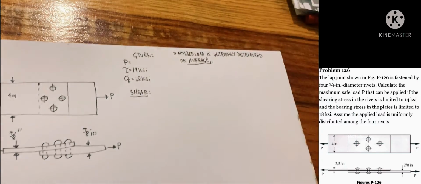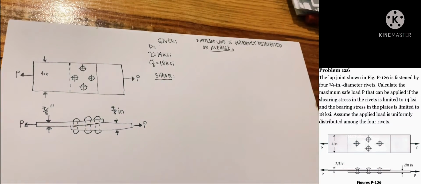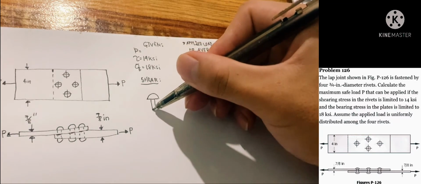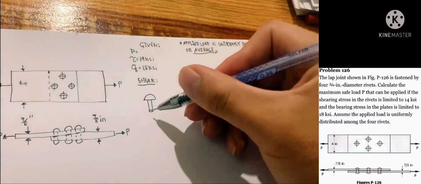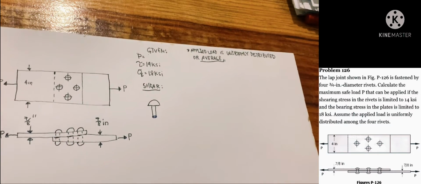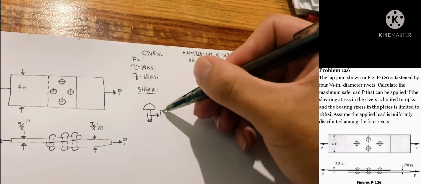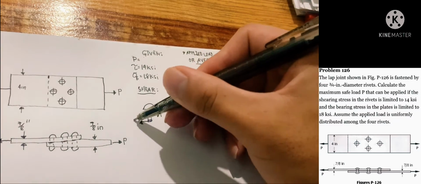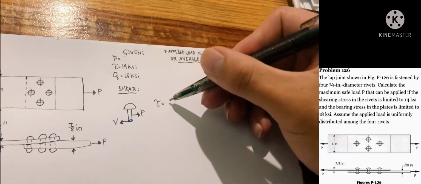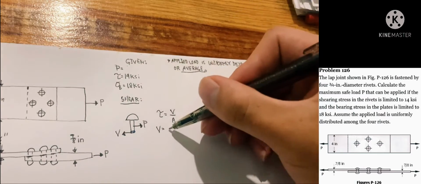So for our shear, let us take the location of our shear, which should be in between the plates, and let us take a single rivet so that we can expose the forces. Note that we must multiply it by 4 later because we are looking for the average.